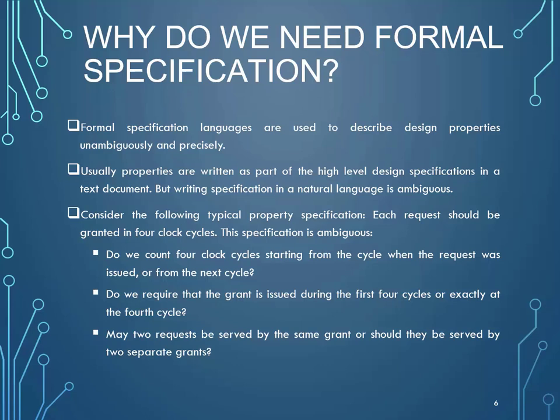Formal language is used to describe design properties unambiguously and precisely. If we leave this room, please keep this in mind, okay? Even if we think that when we write our specifications for hardware we are not being ambiguous, think twice, three times, or even more, right?